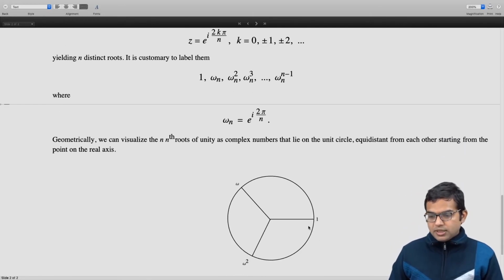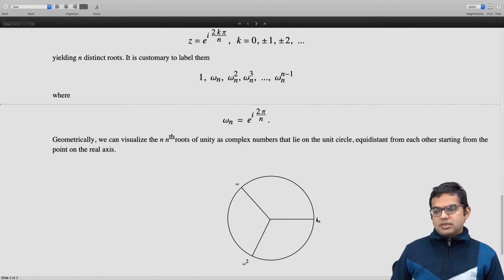So if you take the complex plane and then draw a circle of radius unity, the first root is just this point on the x-axis, so it's just 1. Then omega is nothing but taking this vector and rotating it by an angle of 2 pi by 3, and then to get omega squared, you rotate once again by another angle of 2 pi by 3, and then if you do once more, you return to where you started.